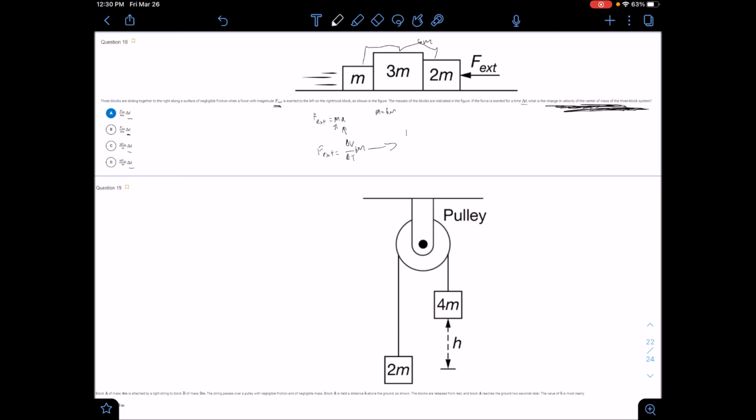So let me just put 6m right there. And so we can solve for the velocity by isolating it. So we get force external times delta t divided by 6m is equal to the change in velocity. And so our final answer should be A.